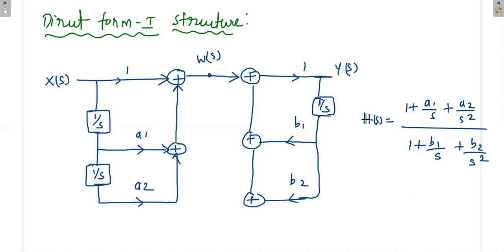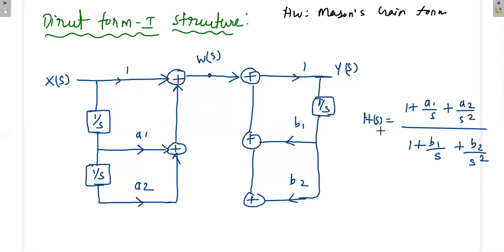For this you can also use Mason's gain formula. Please take it as an exercise, homework: apply the Mason gain formula that you will be studying in control systems for this block diagram, then try to get this answer.